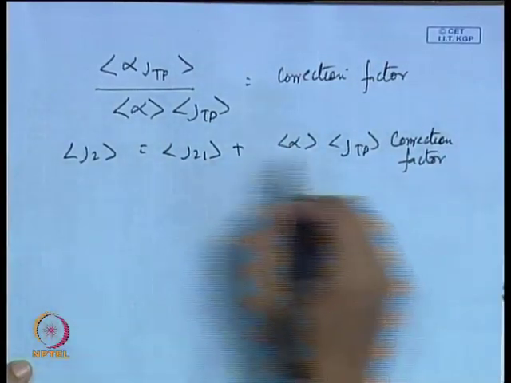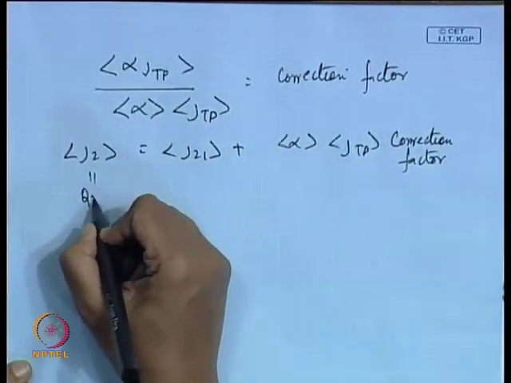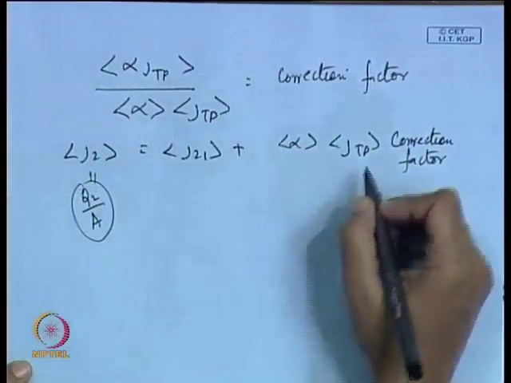Then we find that in this equation this can be obtained from Q2 by A, a measurable parameter.